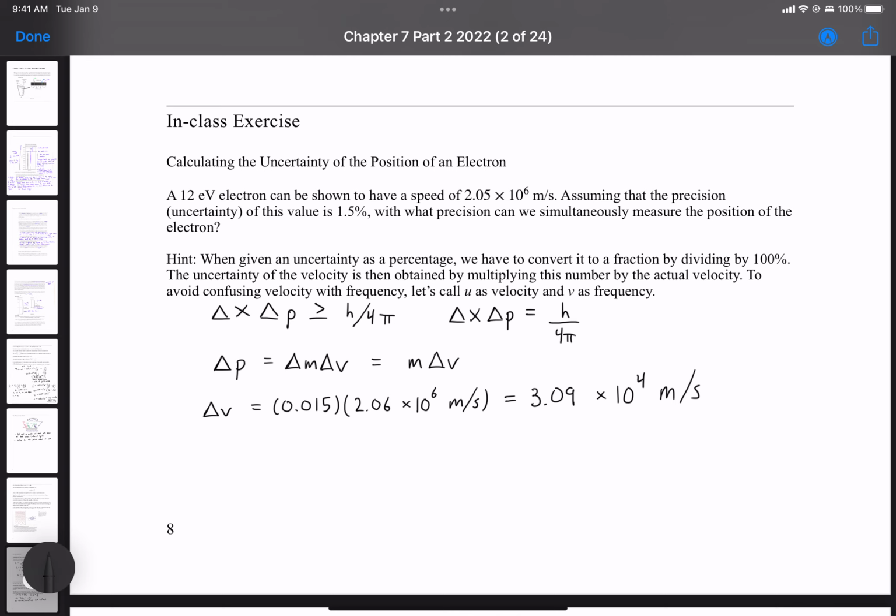Now we have to calculate delta p. Delta p will equal m delta v. I'll give you this value: the mass of an electron is 9.109 times 10 to the negative 31st kilograms, a very small particle.